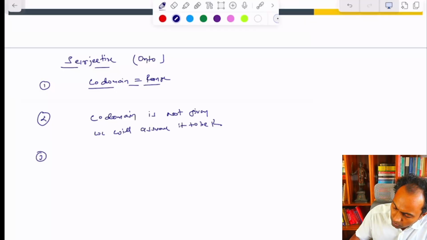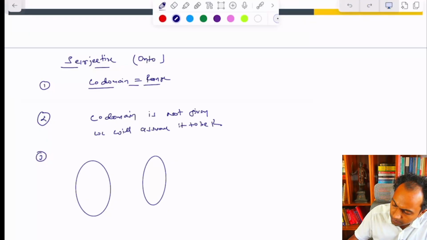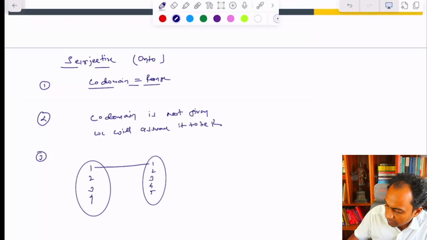And third, if I look at it in terms of mapping, this is how it looks like. So every element in the second set is getting mapped. So if I have 1, 2, 3, 4 here, 1, 2, 3, 4, 5, what is happening is every element is getting mapped.